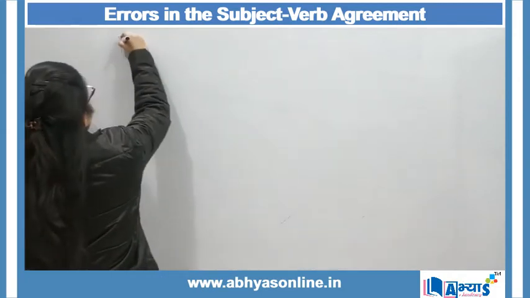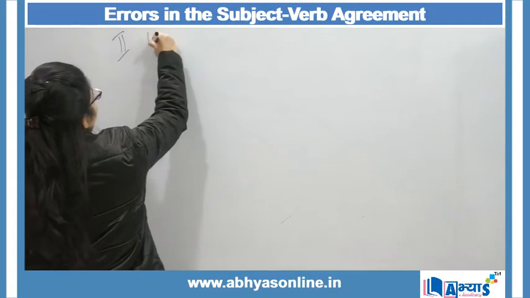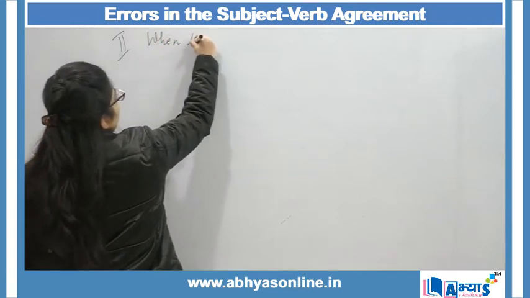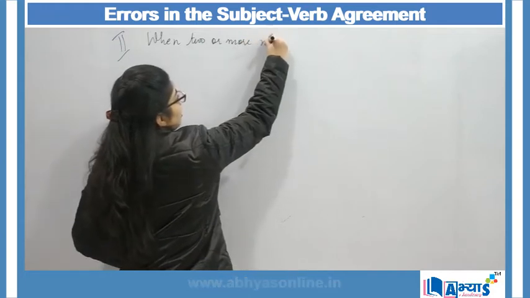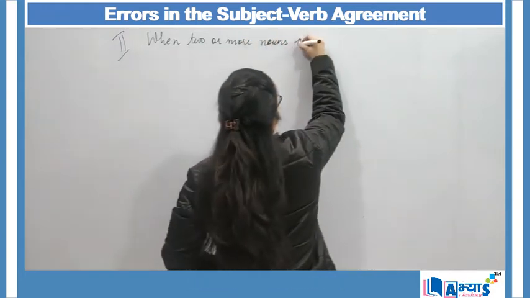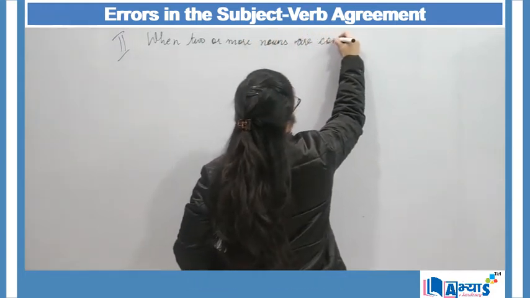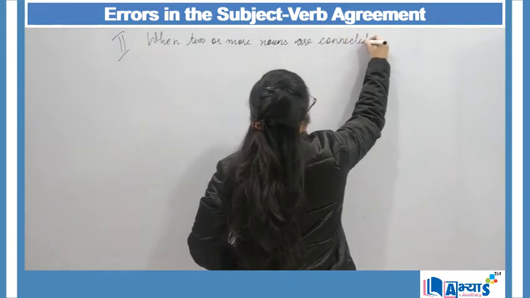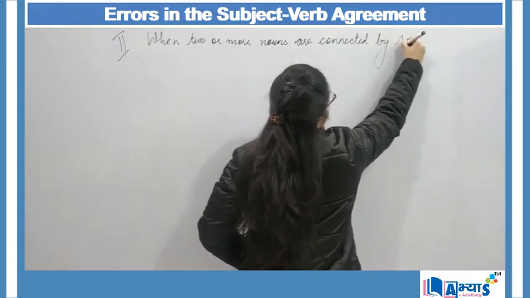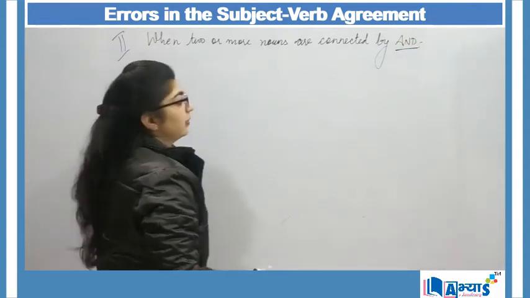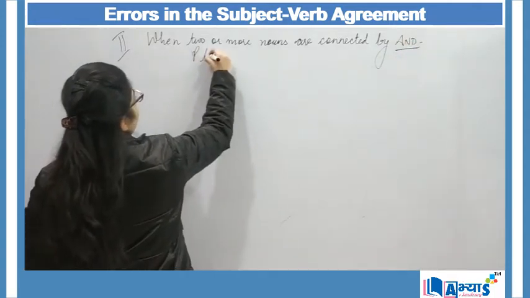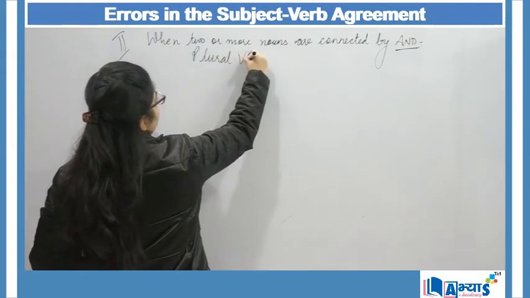So the second rule says that when two or more nouns are connected by and, at that time we make use of a plural verb.